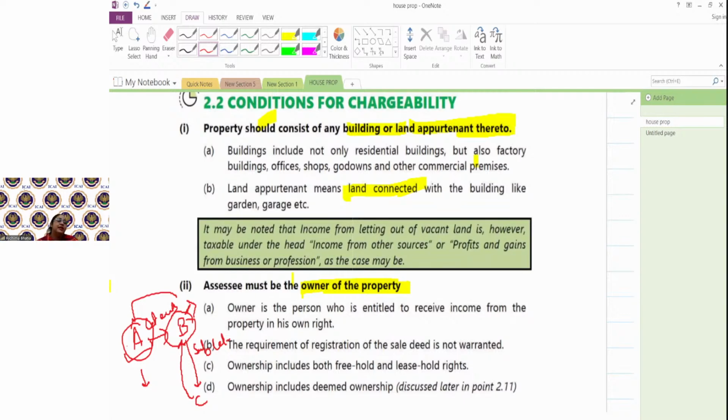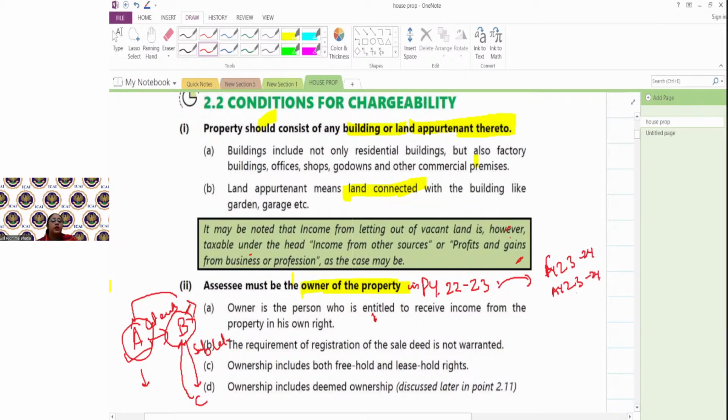Now, the ownership criteria has to be seen in the previous year, not in the assessment year. Now you will say, ma'am, what's in the previous year? Now suppose A is earning an income from B of rental property, and A is the owner during the previous year 22-23. Now he sells the property in financial year 23-24, which is your AY 23-24.